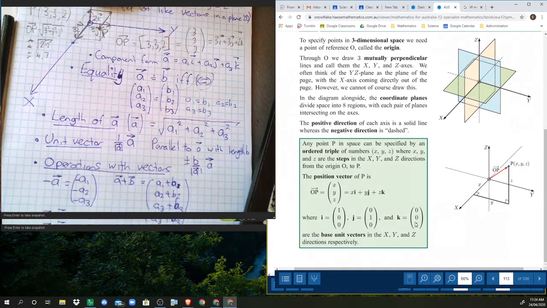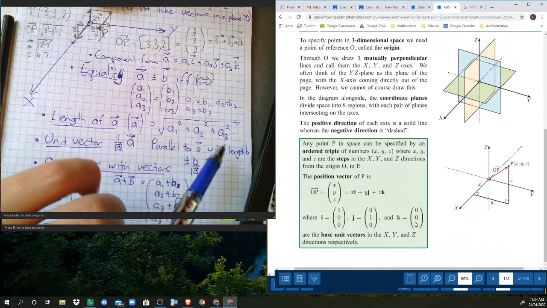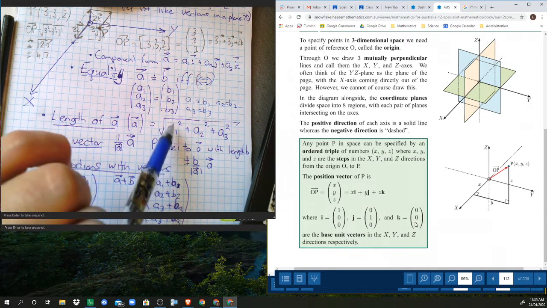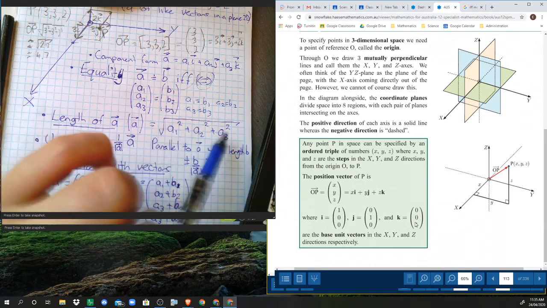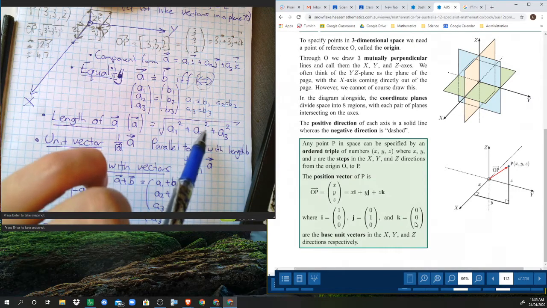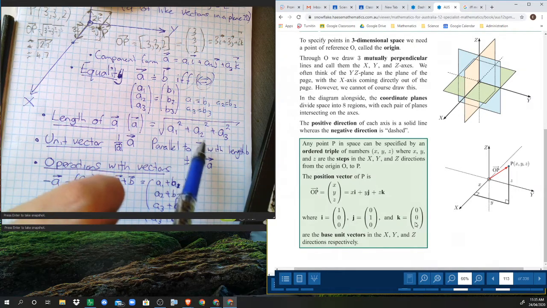All right. Now the other one looks very similar. Actually, all of these are similar, to be honest. The length of A, which to work that out, you take the components and square them and add them up. So we understood this came out of Pythagoras' theorem, and so does this, but it comes out of doing Pythagoras' theorem twice.